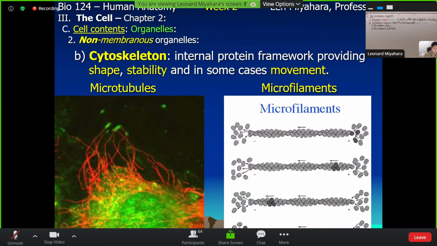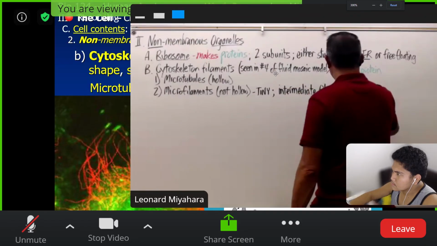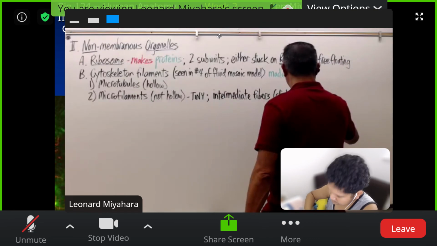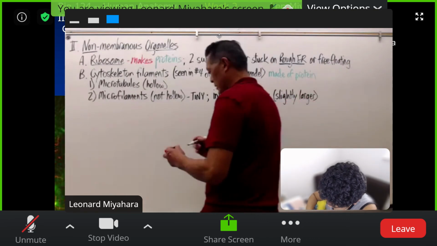Now, microfilaments can be tiny, or they could be slightly larger. And then we call those intermediate filaments. That's what's on the slide right here.